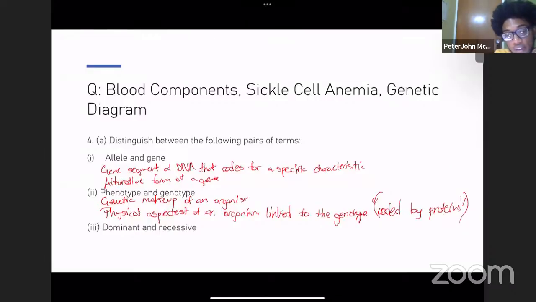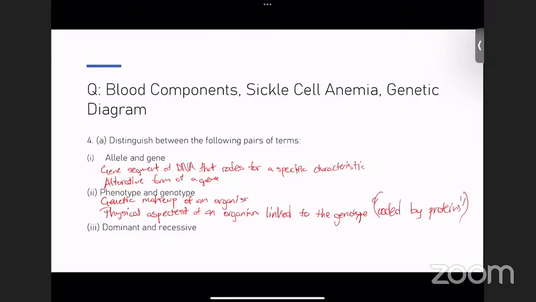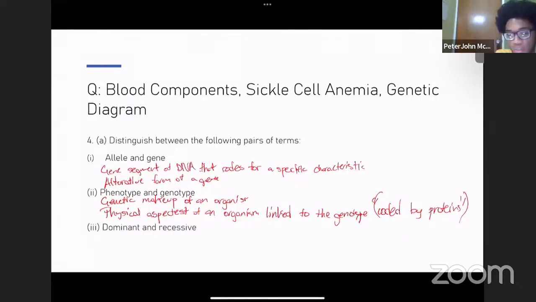Dominant and recessive. Define dominant first. An allele that determines the phenotype of the organism. Give me that in a different way.